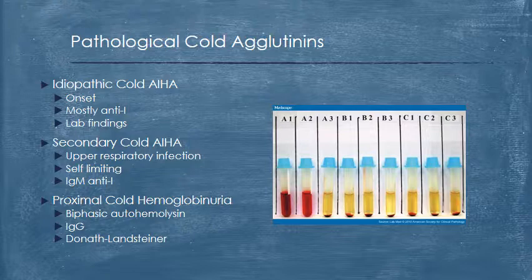The key thing that we see with these cold agglutinin diseases is that the patient doesn't have fever, doesn't have chills. Renal insufficiency usually doesn't occur with the idiopathic or the secondary cold autoimmune hemolytic anemia. Those usually don't affect the kidneys. Proximal cold, however, you can get some renal insufficiency that can occur.